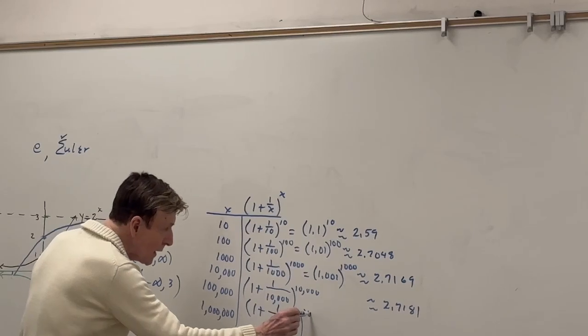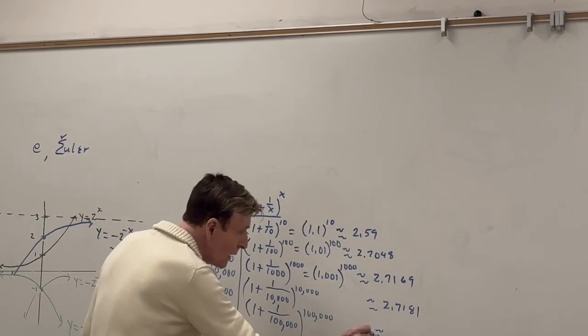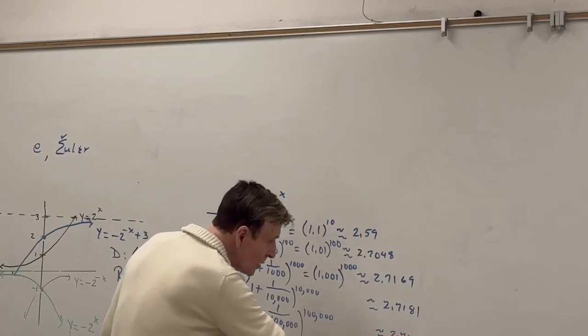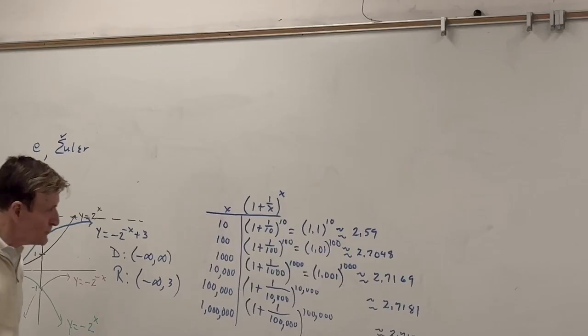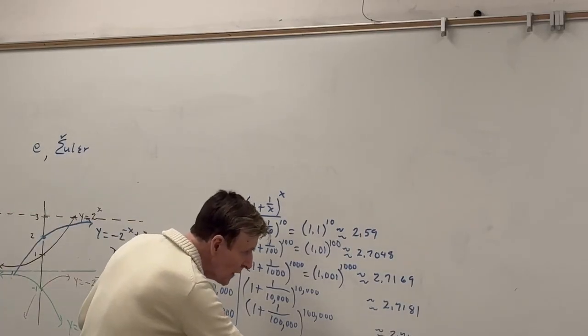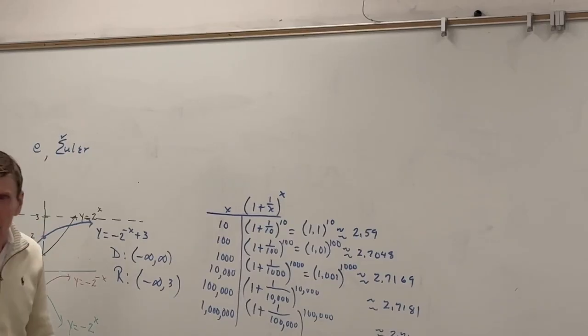It's 2.7182. Try a million. What's that close to? 2.7183.